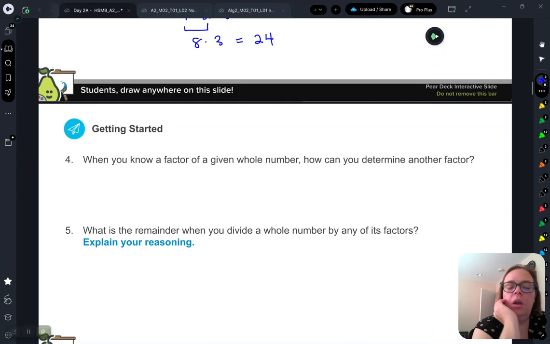Okay, when you know a factor of a given whole number, how can you determine another factor? Okay, let's do an example. Let's say you know that 7 is a factor of 56. How can you determine another factor?